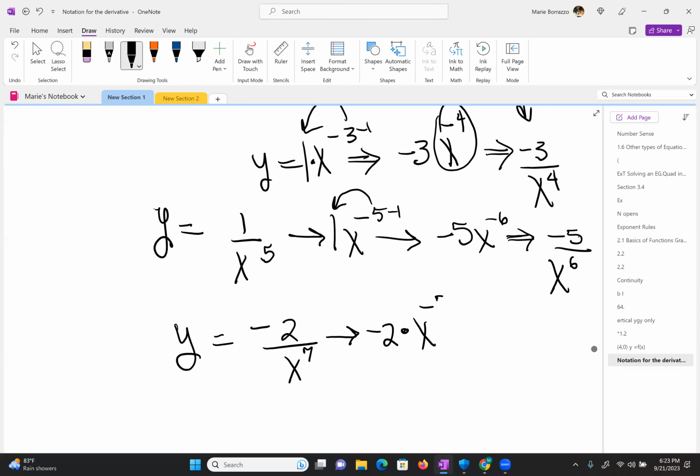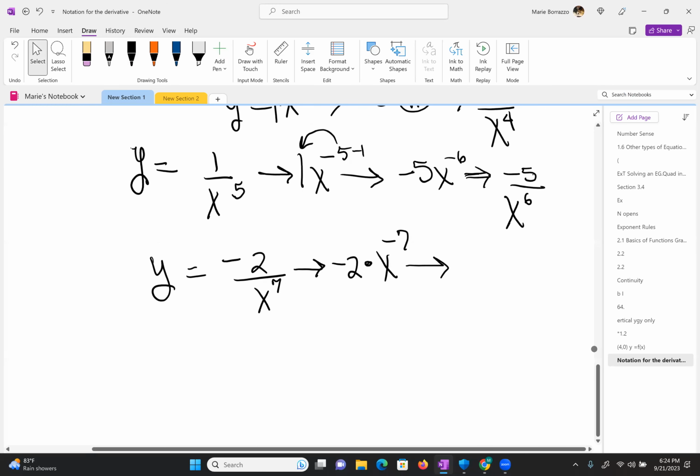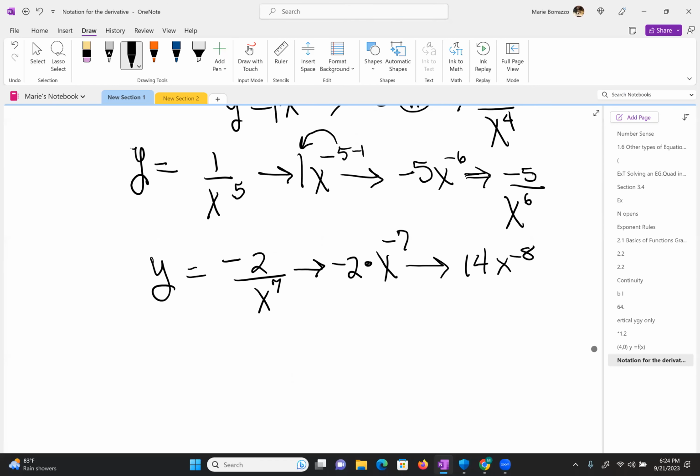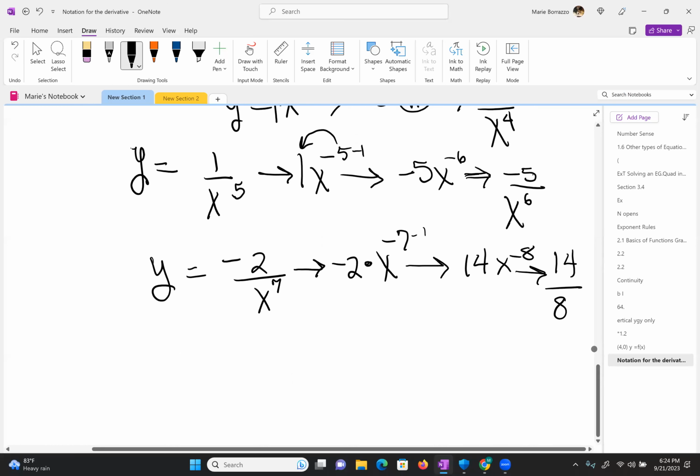X raised to minus 7. Yep. And the next step, 14x to the negative 8, right? Because it's take away 1. And your final answer? Positive 14 over x to the 8th.